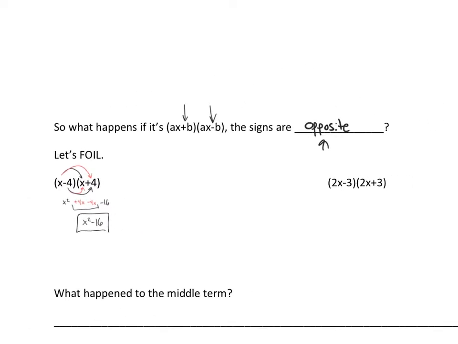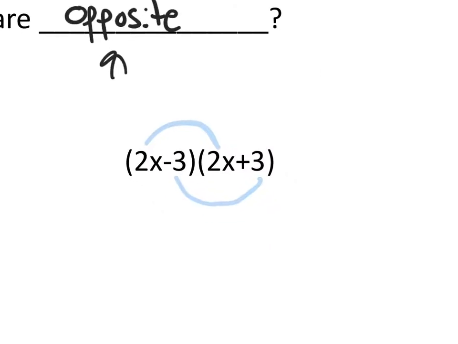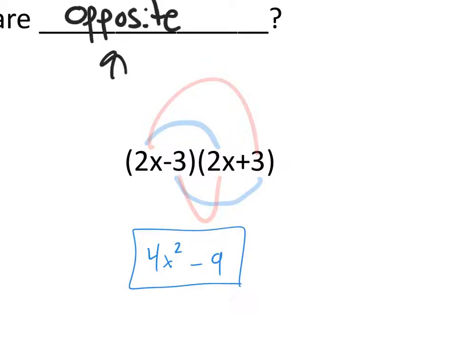And essentially what that means is we don't even need to check the middle terms. All we're really doing on these are the outside terms, because these ones in red are going to cancel out anyways. So essentially, we could skip those two red ones and have 4x squared minus 9.